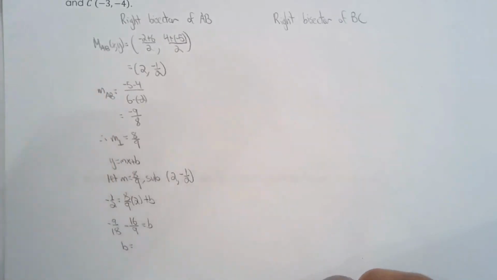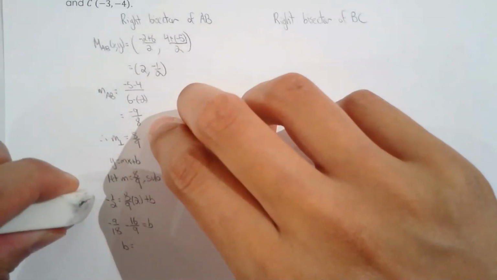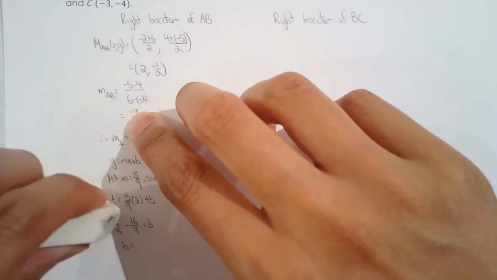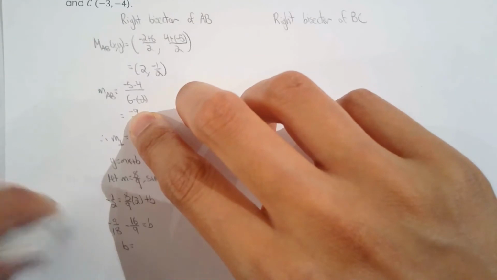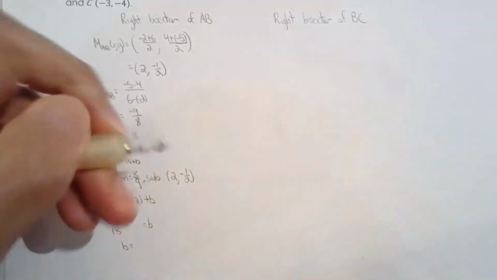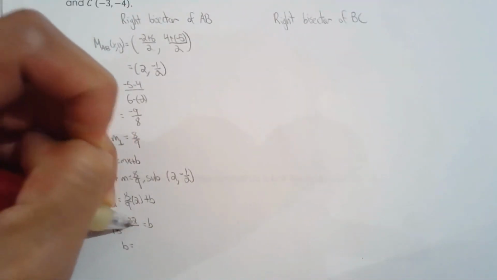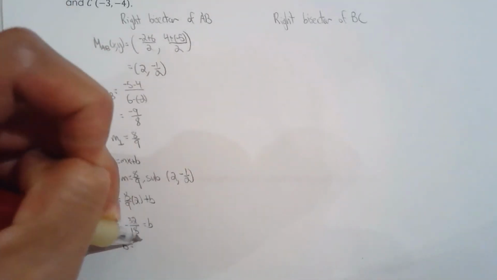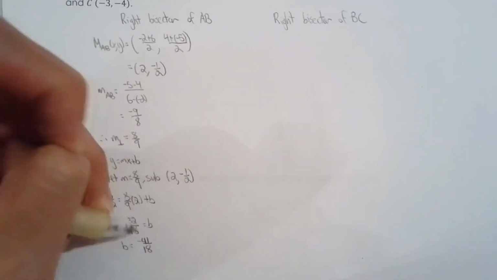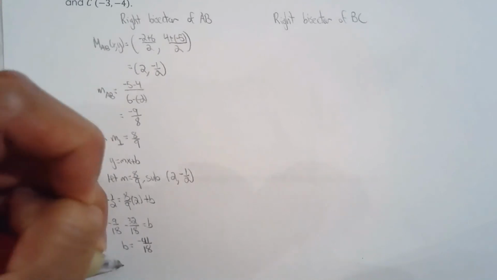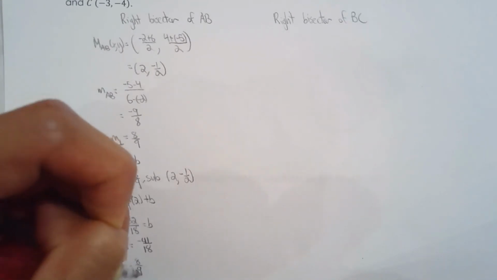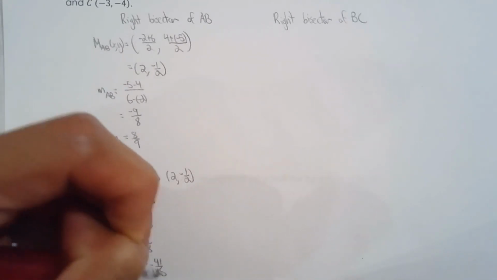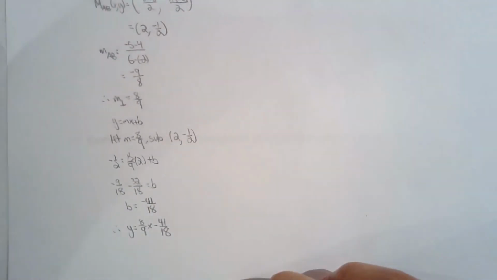Alright, hold on. We want that to be 18. 32/18. Let me just check. 16/9 is the same as 32/18. Yes. Okay. -41/18. That is not the prettiest equation, but it is what it is.